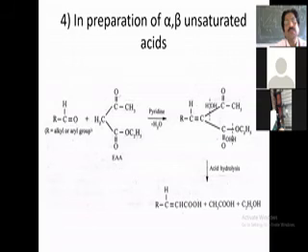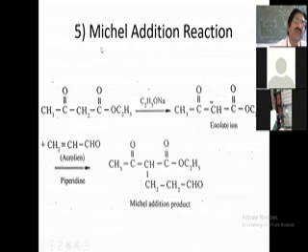Now this is the 4th preparation, and one more is the Michael addition reaction. Once again here, the same compound is used, and this is almost the same. I think this O is wrong here. Remember, this O is not there.